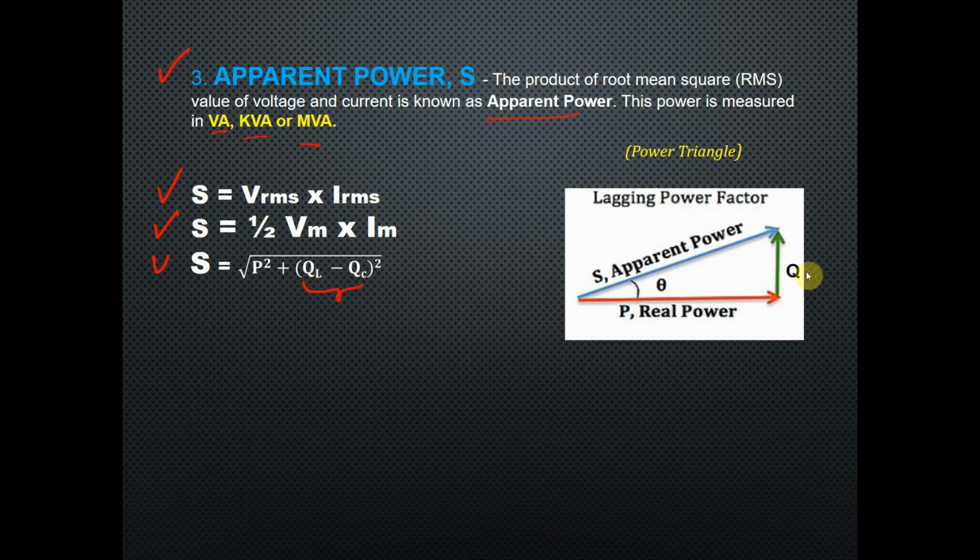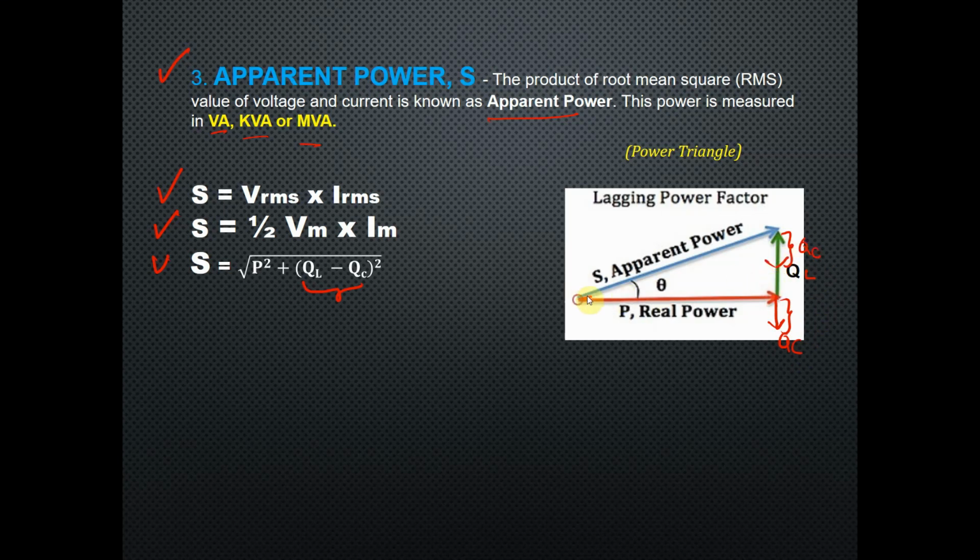If I have here this is Q, let's say this is QC and QL. This QC will be subtracted from here. Let's say this QC is going down.